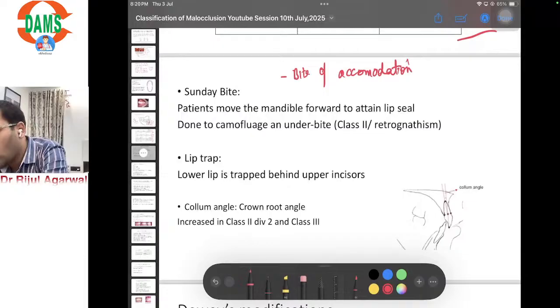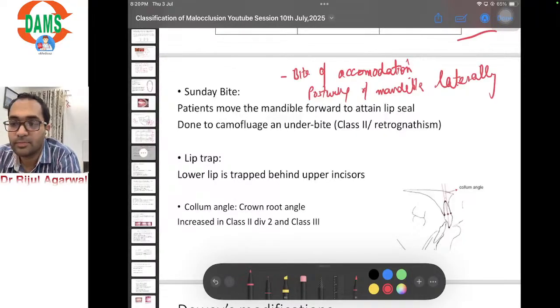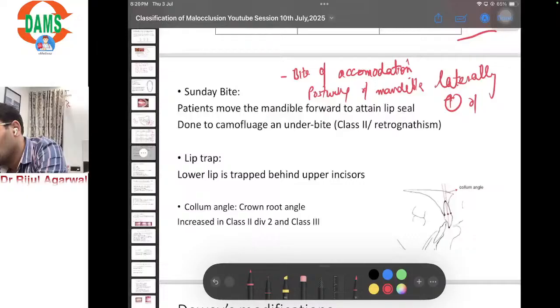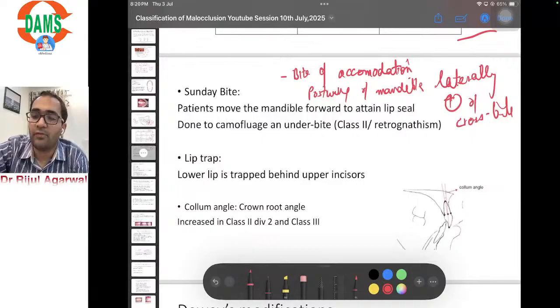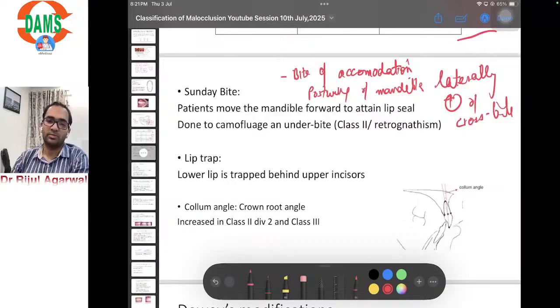In bite of accommodation, the mandible is postured sideways. Why is it done? Because of the presence of a cross bite. So remember this term as well, bite of accommodation. It is done when the patient moves the jaw laterally, either left or right, so as to achieve maximum intercuspation.